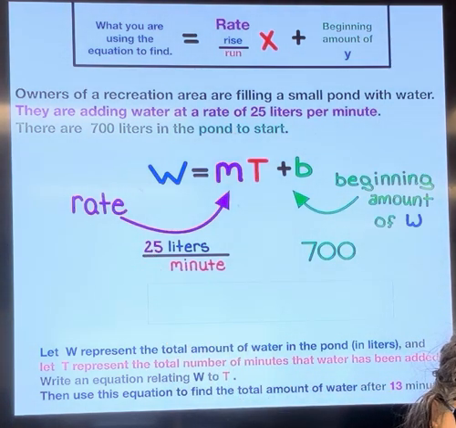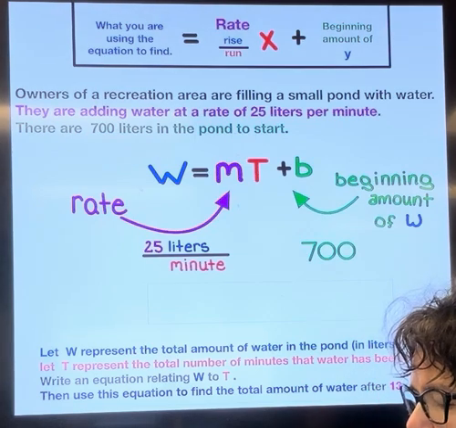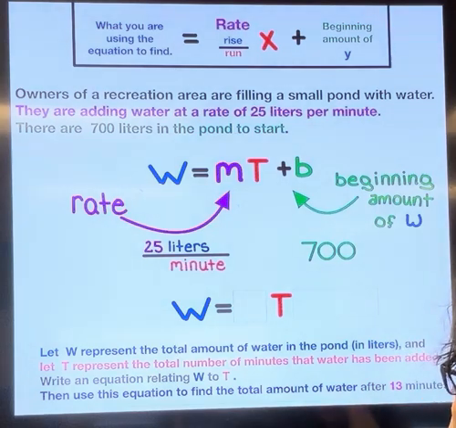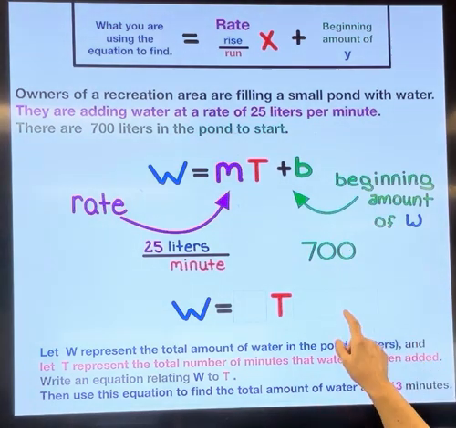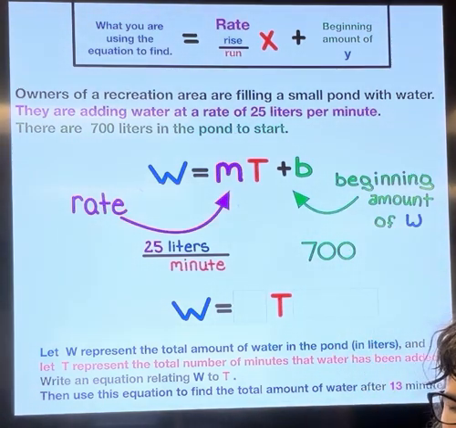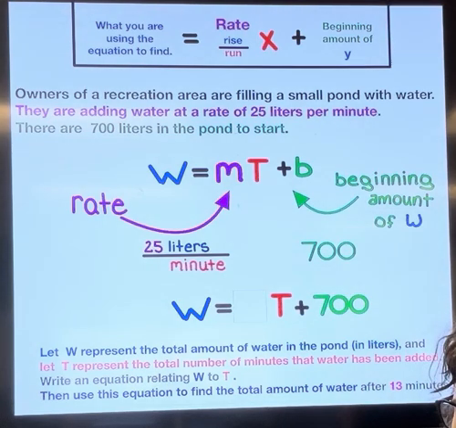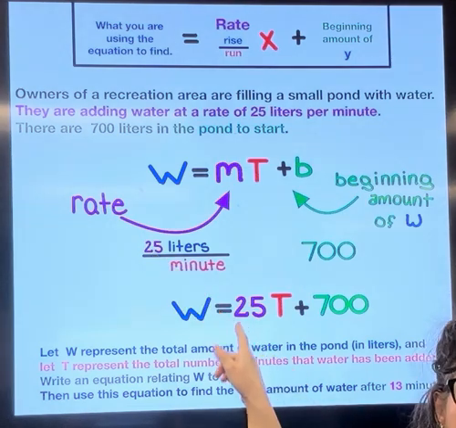Now if I simplify that, that's just going to be 25. I have everything I need to write my equation. My B value, my beginning amount of water, is 700, and then the rate is 25.